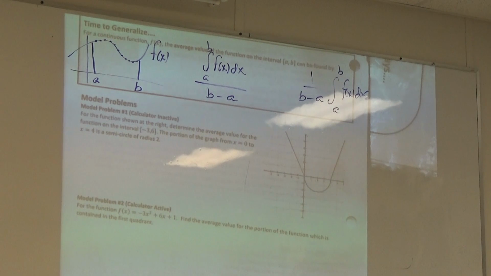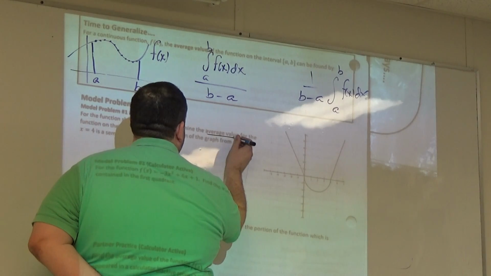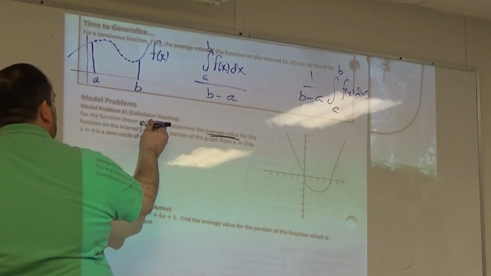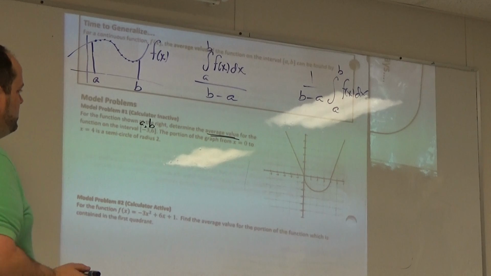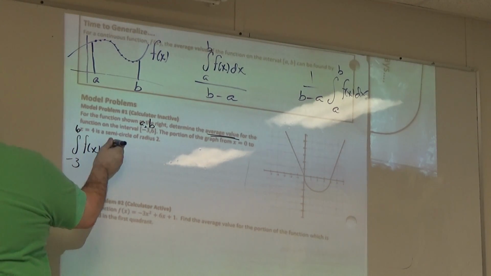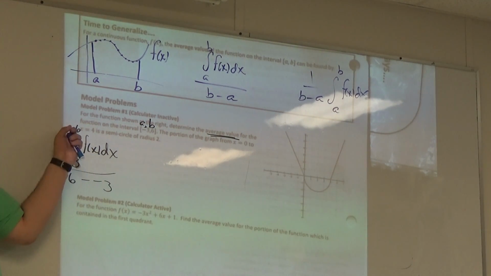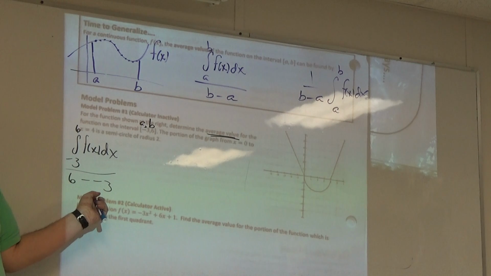Normally on the free response section, you get 1 point just for the setup. Average value. A is -3, B is going to be 6. Just did a quick stroll and saw a whole lot of folks have set up on the paper. It's going to be the definite integral from -3 to 6, divide by 6 minus -3.